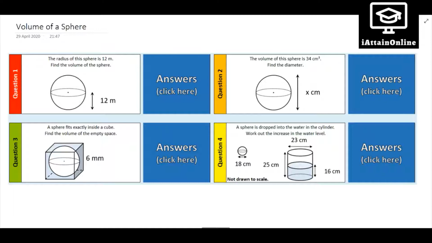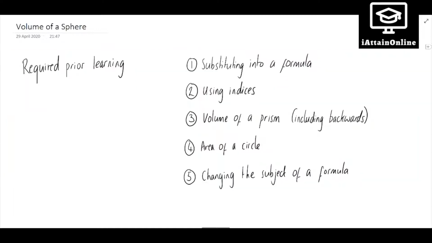example with me. So in order to do this work on finding the volume of a sphere, like I say, it's quite a tricky topic. So you need to be comfortable with these areas. So substituting values into a formula, using indices or powers, finding the volume of a prism, a 3D shape with the same 2D cross section all the way through, and that includes working backwards to find missing lengths.